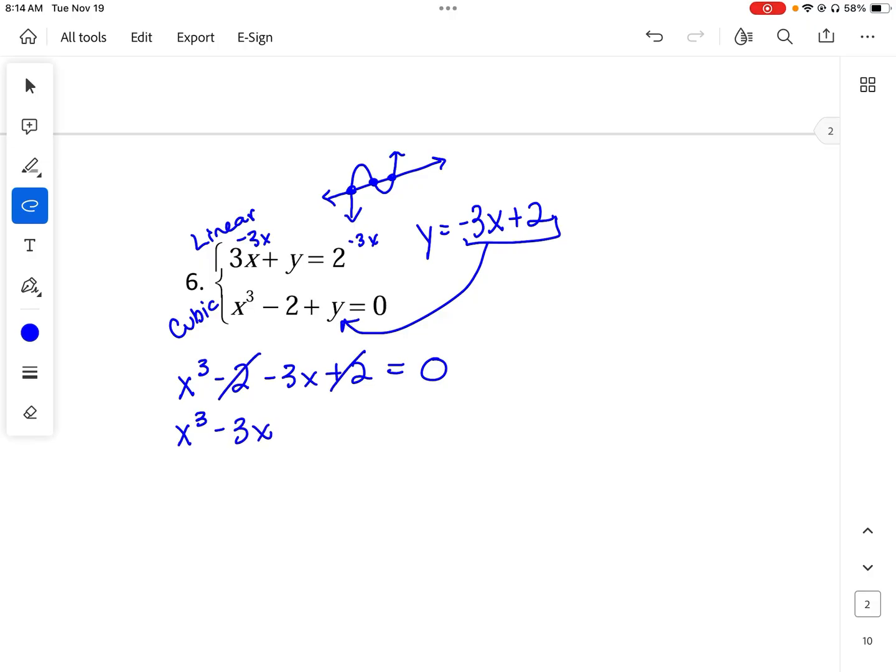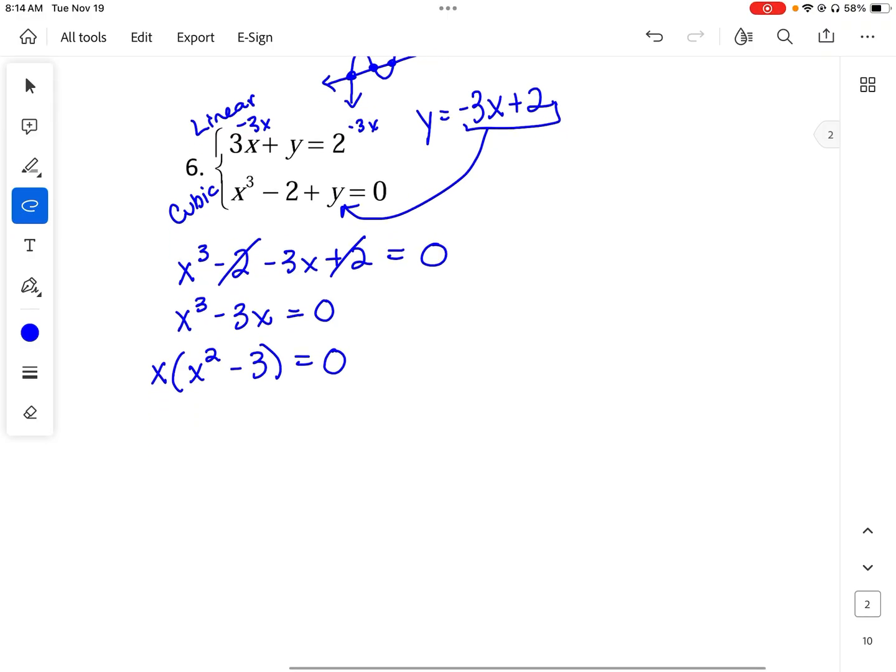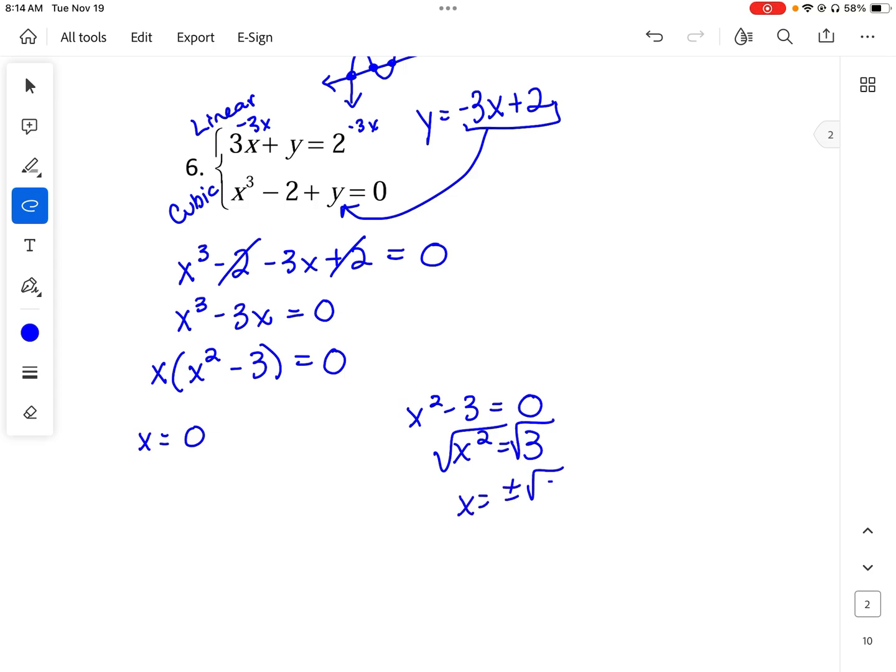And then we have negative 2, positive 2, which cancels to get 0. So it's just x cubed minus 3x. So factor out the x. And then solve. So we have x equals 0. And we have x squared minus 3 equals 0. So then we would have 3, take the square root. So x equals plus minus square root of 3. So we actually have 3 solutions.